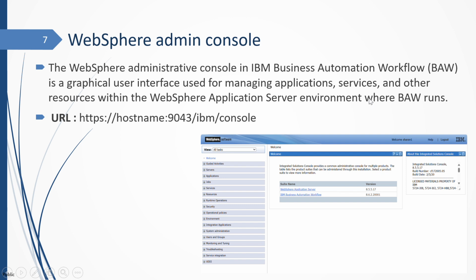Here we can see the servers, like clusters and nodes, and also the data source details which we have configured here. The WebSphere Admin Console looks like this, where we have server details, application details, resource details, environment details, and many more.